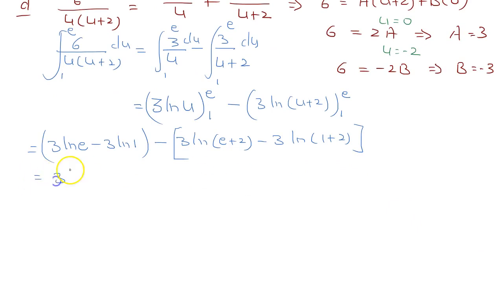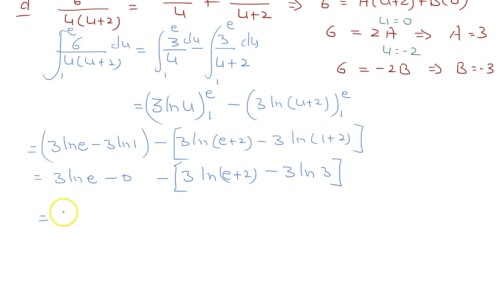So that is 3 ln e minus 3 ln 1. ln 1 is 0, so this is 0, minus 3 ln e plus 2 minus 3 ln 1 plus 2 means 3 ln 3.